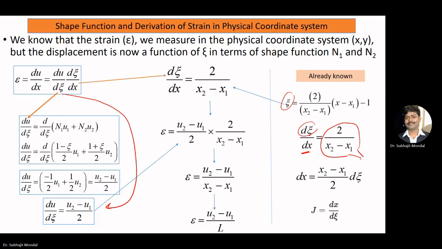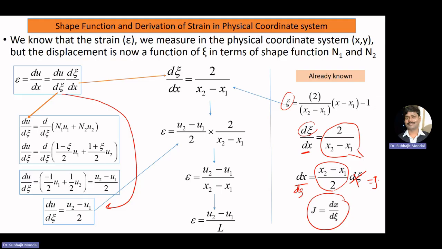Now note that the Jacobian is nothing but dx by dxi. So the Jacobian will be (x2 minus x1)/2. So here, if you write dxi here, then this is the Jacobian.